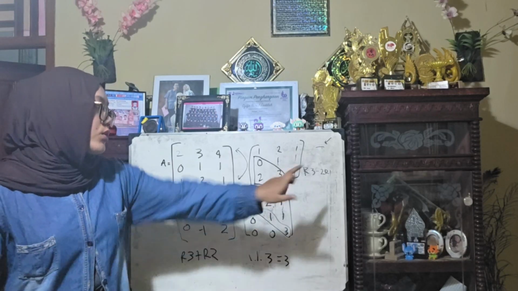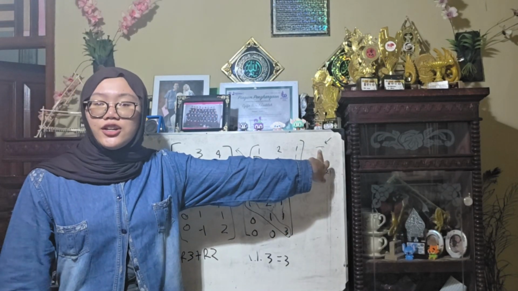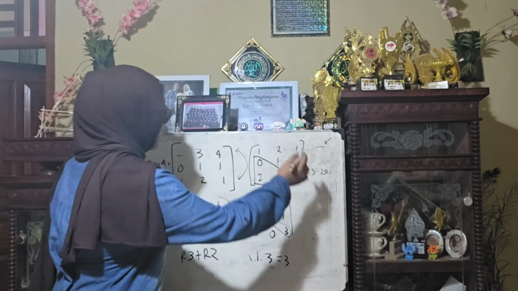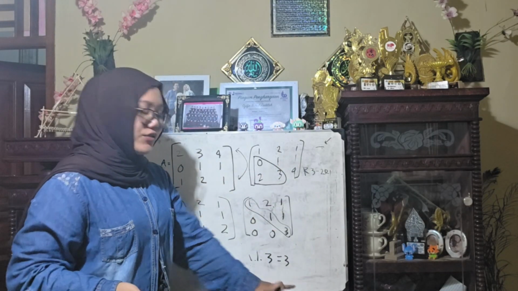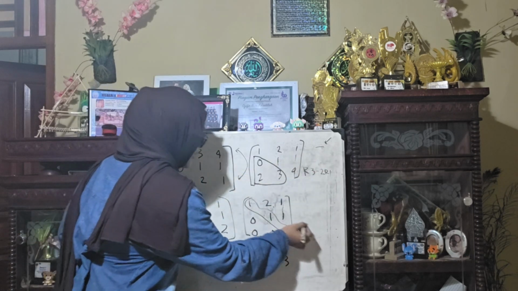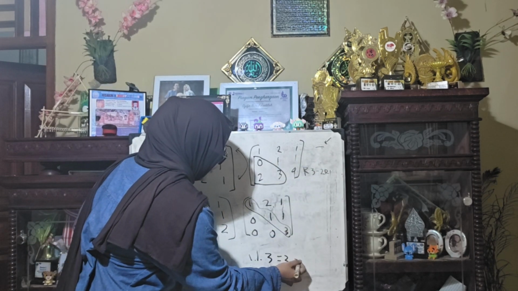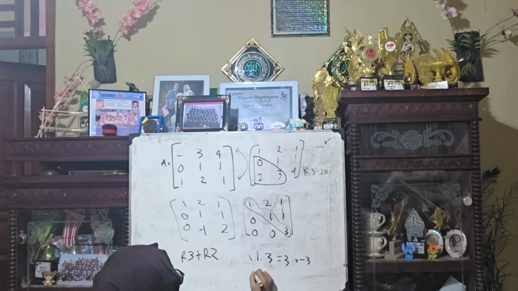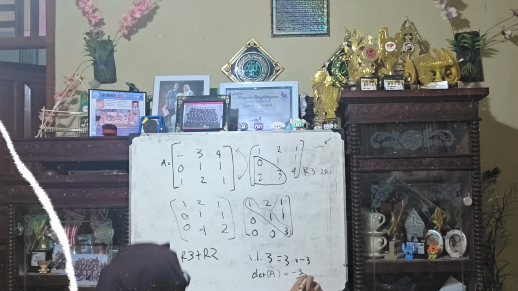But remember, we still have a negative here from swapping 2 rows earlier. So we multiply our result, 3, by negative, and it will be negative 3. So our determinant of matrix A equals minus 3.